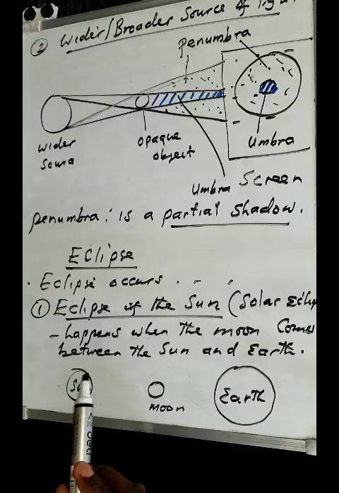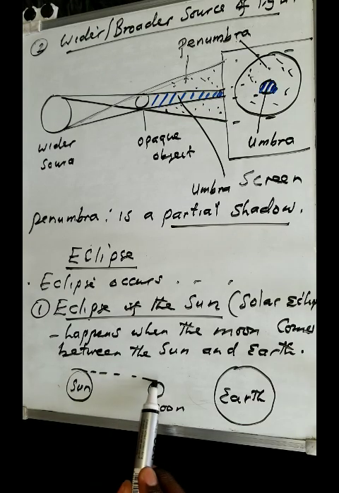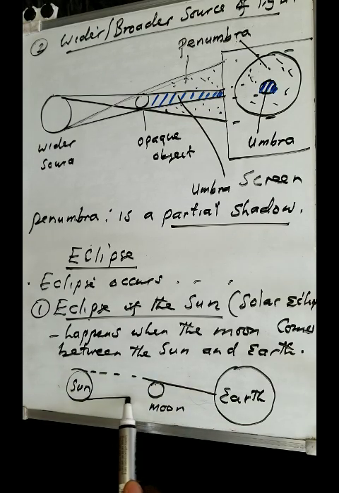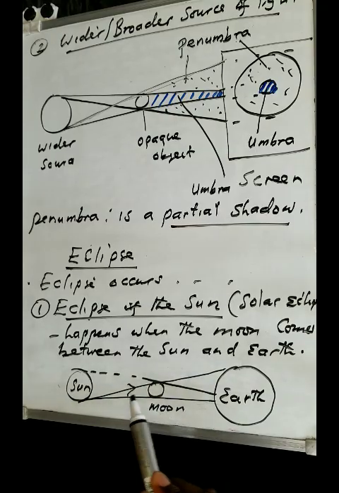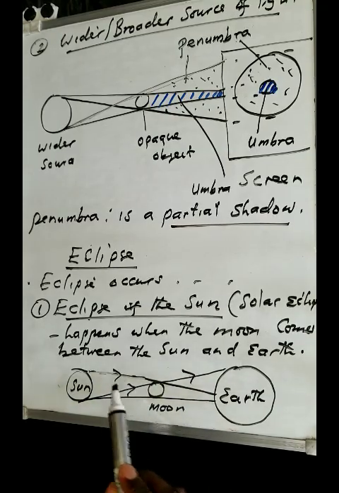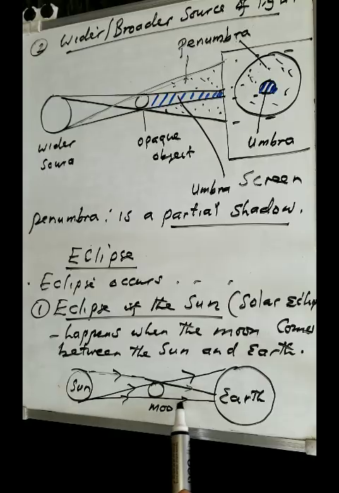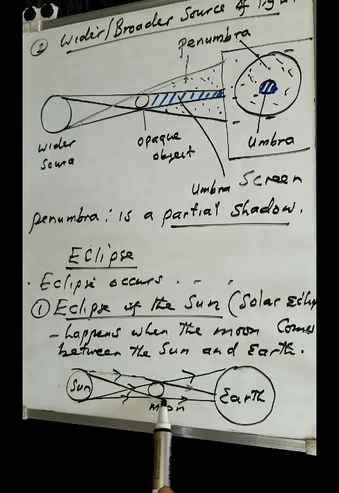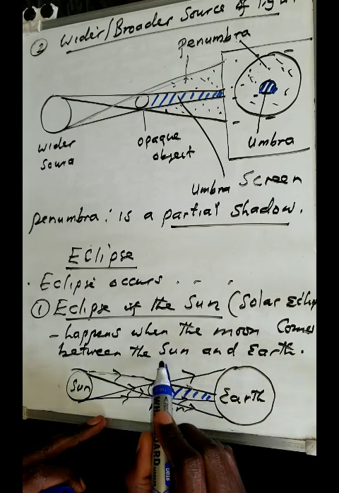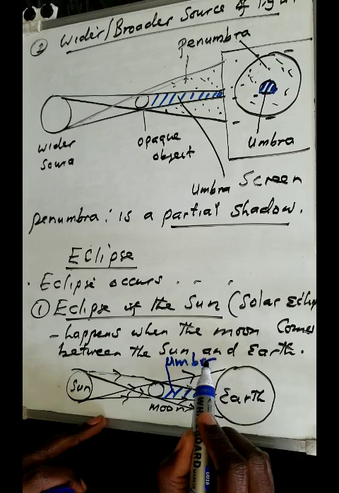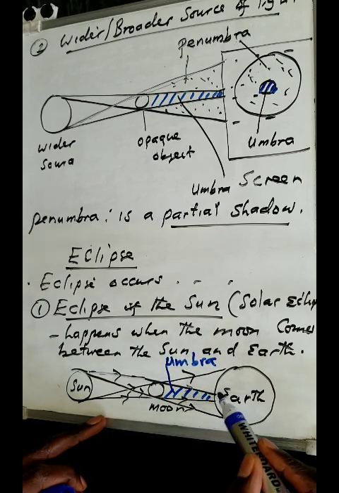So again, when shadows are created, there will be a point. Let me just show you in this case as light travels. You are going to find that, again, the region that I'm painting blue is the region that we are calling umbra, where a person standing in that region will be able to see total darkness.